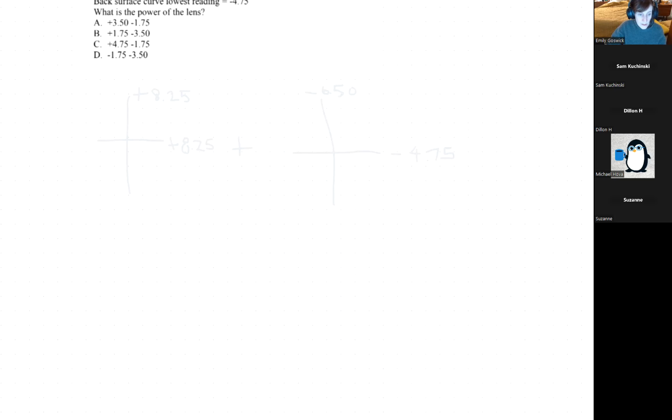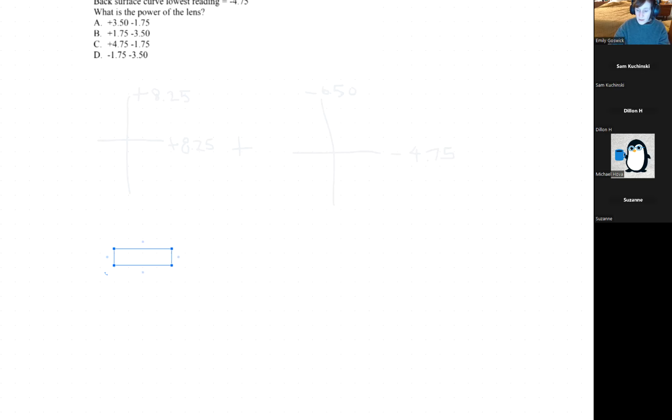It might be a little easier for me to just type this out so it's a little bit neater. But we then have, I should put the positive sign in here, plus 8.25, and then we're going to combine that with a minus 6.50. Okay, so if we do that math out, we are going to get a plus 1.75.